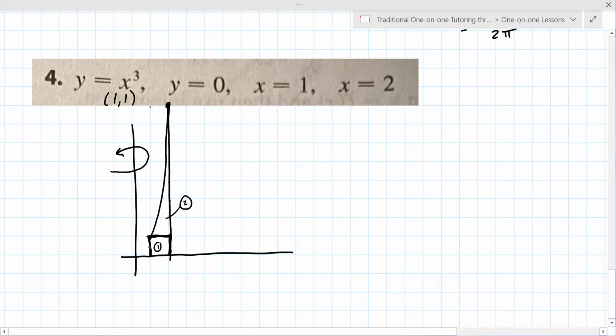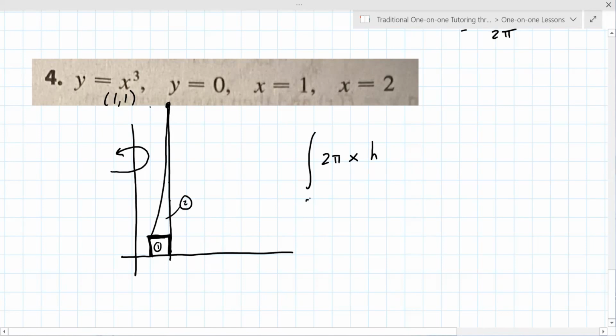So the first one is 2 pi x h, and your h in this first one is the height of this block right here. So it's 1. And the limits of integration are the y values.